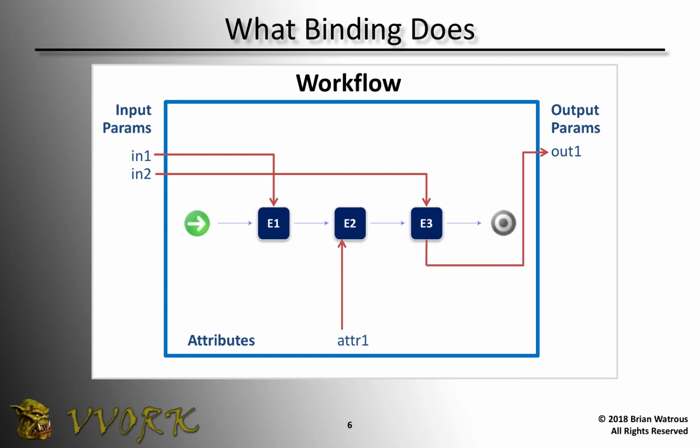In this case here, this is an inward binding, but with attributes, you can also create outward bindings. So unlike input parameters and output parameters, which can only have either inward binding or outward binding, with attributes, you can do binding in either direction. And furthermore, unlike input parameters and output parameters, which are read-only and write-only respectively, attributes are read-write variables. And that read-write capability is going to be super important to what we're striving to do here shortly.